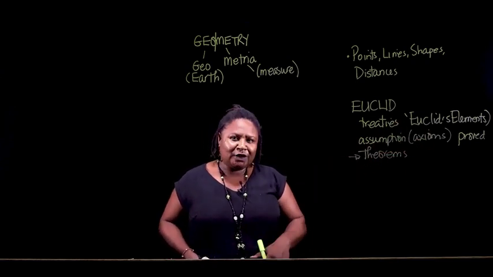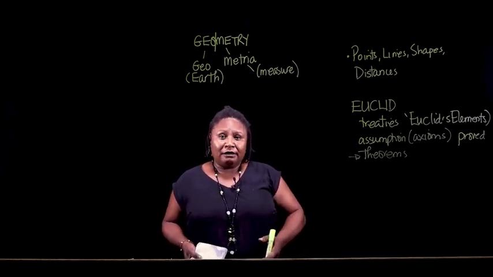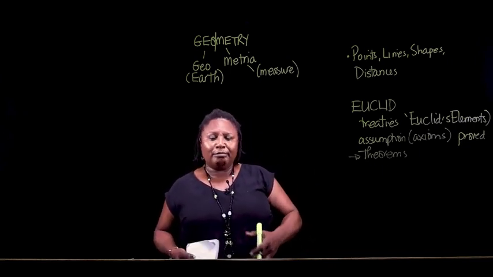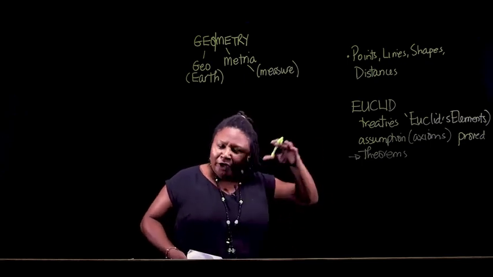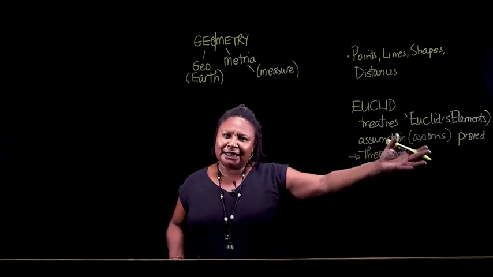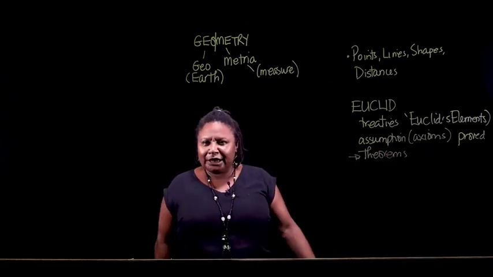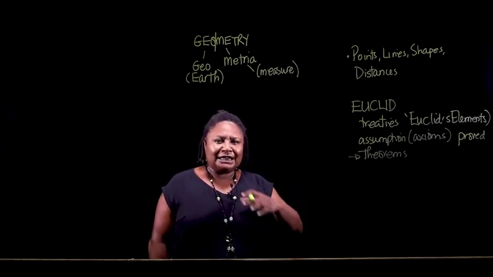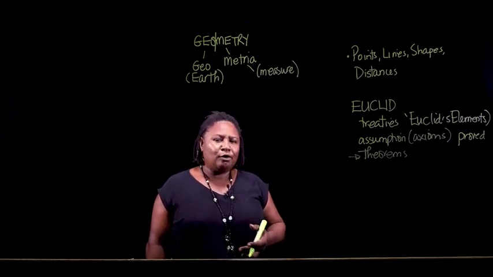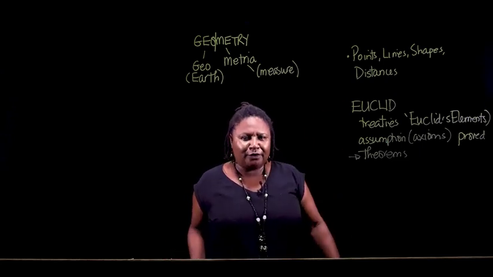Believe it or not, it is the second most printed book, after the Bible. The Bible is the most printed book, and right after that is a maths textbook written so many years back, 300 BC. That's a long time ago. So that's Euclid, the father of geometry.